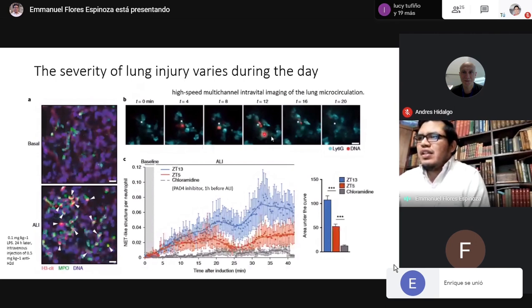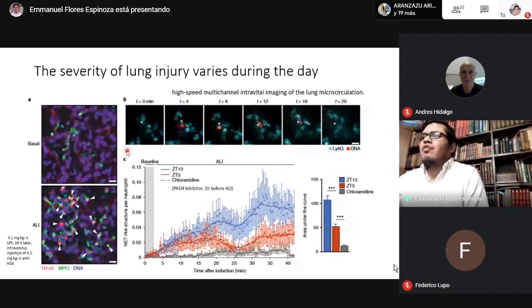Well, the importance of this is in C, where they show differential NET-like structure measures in the neutrophil when the ALI is produced at night and CXCR2, or when ALI is produced at the day and CT5. When this inflammation in the lungs is induced at night, we can see more NET-like structures after this induction, and it is maintained.